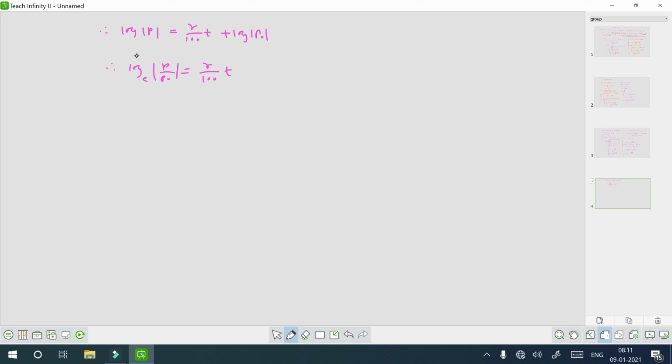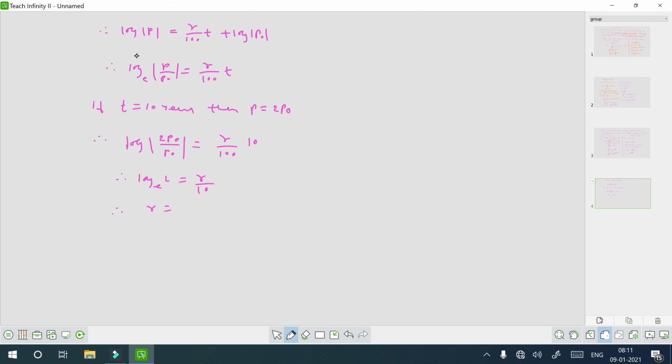Now it is given that if t is equal to 10 years, then the principal amount gets doubled. So take that in the question. P is equal to 2P0, so P over P0 in magnitude is 2, r/100, t is 10. So what we get here: log 2 base e is equal to r/10.